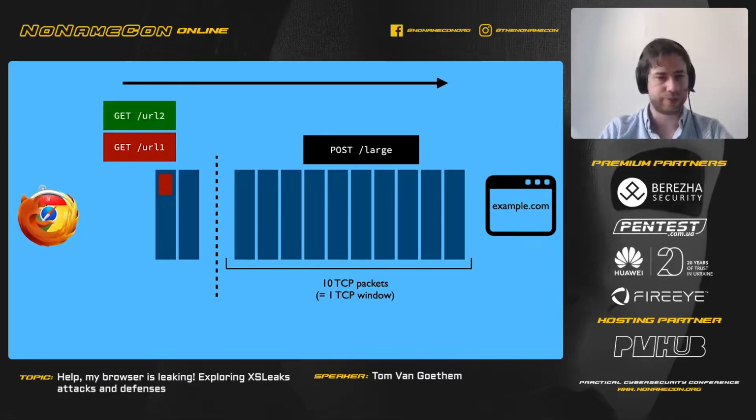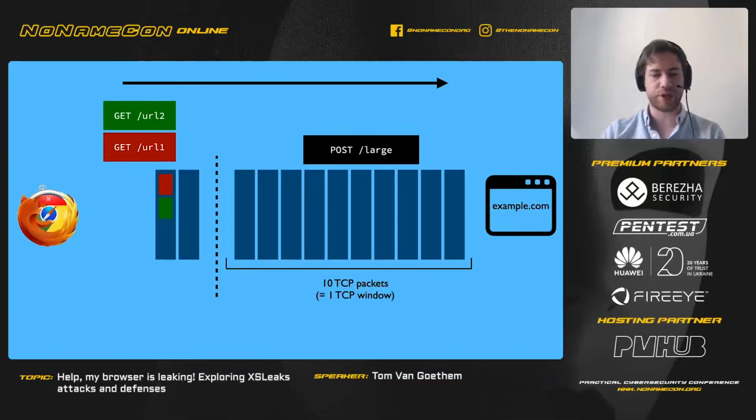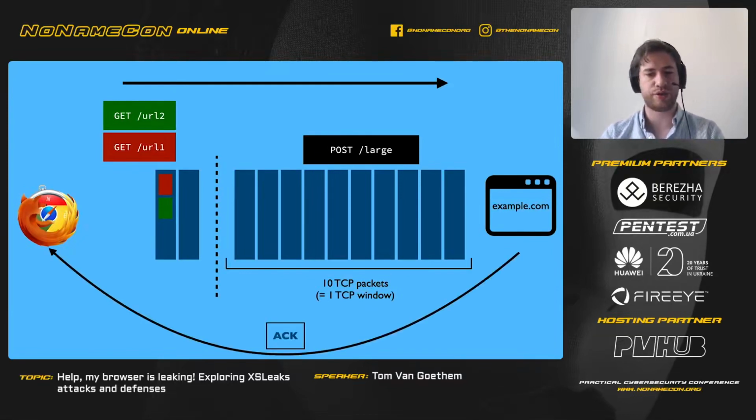And then at the same time, a second GET request is sent. This will be added to the same TCP packet. So only when the acknowledgement from the server arrives, the packets that are still in the queue will be sent to the server.